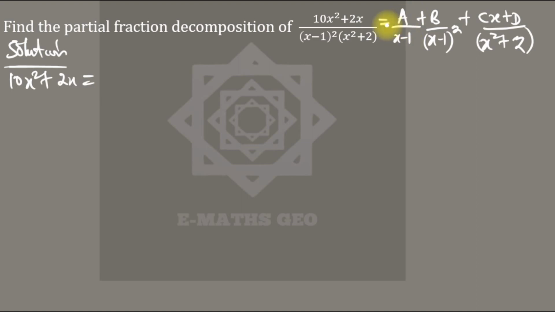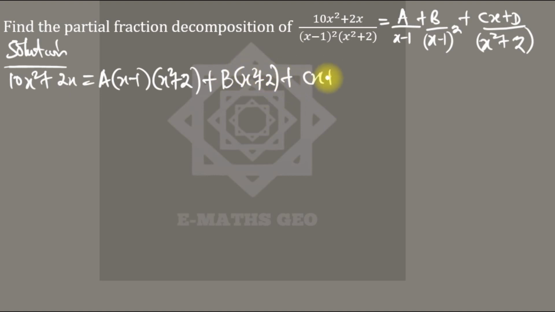If you multiply the right side by the LCM, we are left with A times x squared plus 2, and B times x squared plus 2, plus Cx plus D times x minus 1 squared.